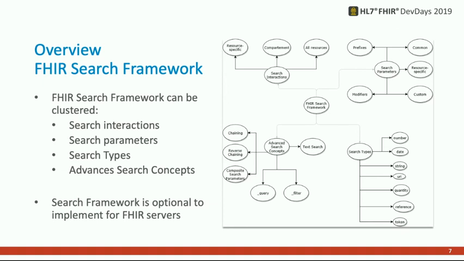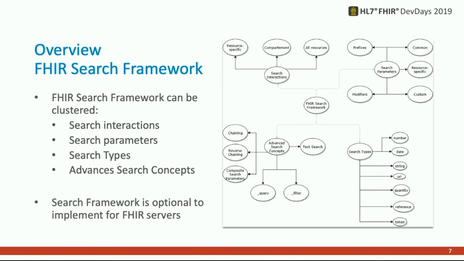First of all, we could come up with a category with regard to what kind of searches you can do, which would be either resource specific, so for example, a search on a patient, on an observation, or we could also do searches based on all resources.